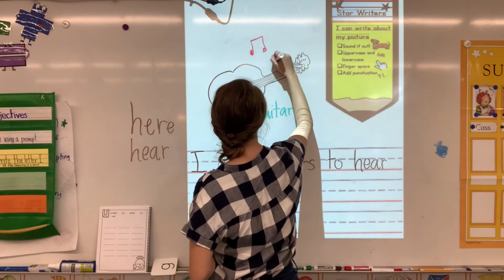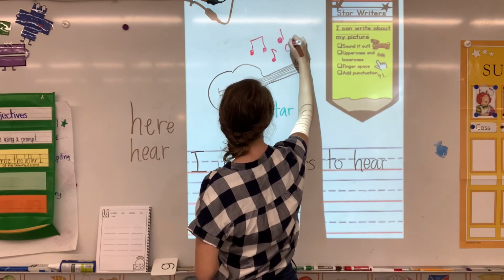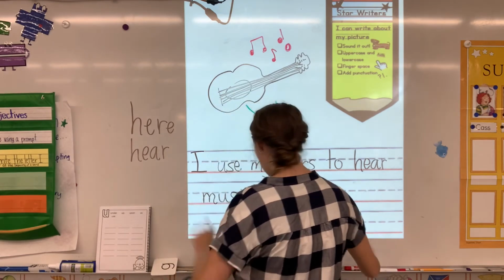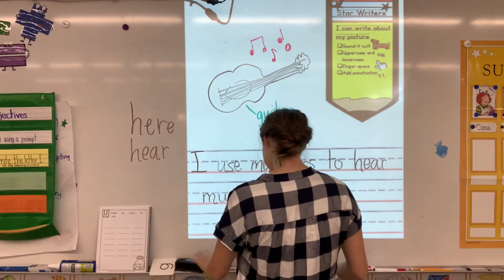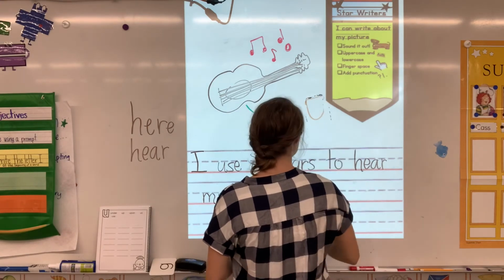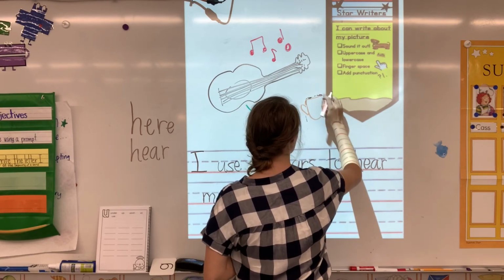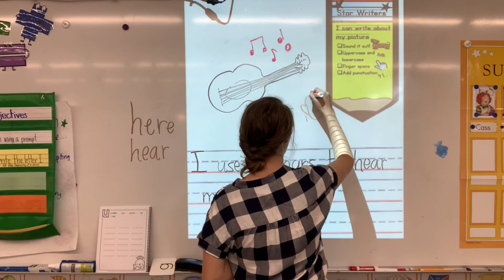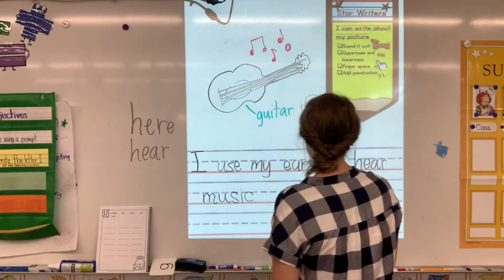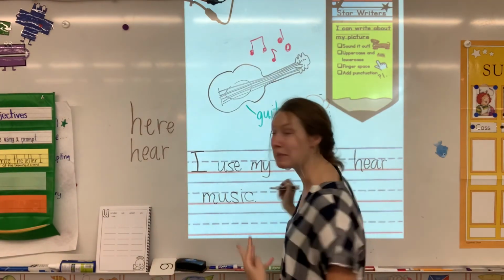Maybe it's playing some nice music notes. And then I'm also going to draw me listening with my ears. Now, because I'm specifically writing about my ears, I definitely want to add them to my picture. Sometimes when I draw my face, I don't always show my ears because sometimes I draw my hair covering my ears. But because I'm specifically writing about using my ears, I definitely want them in my picture.